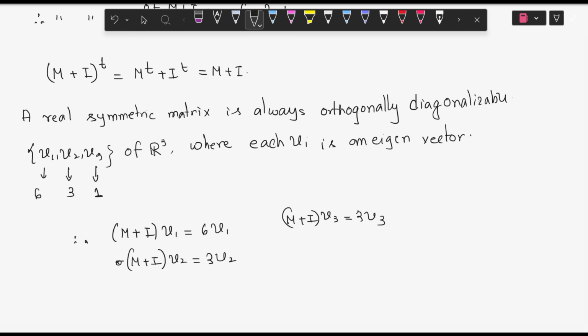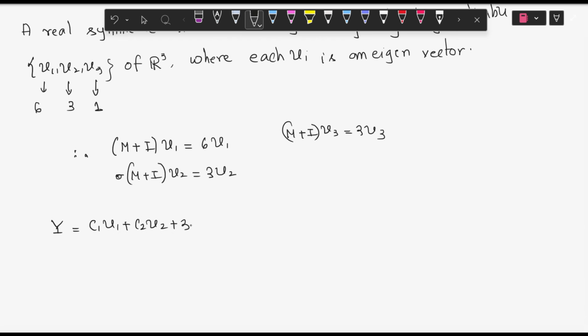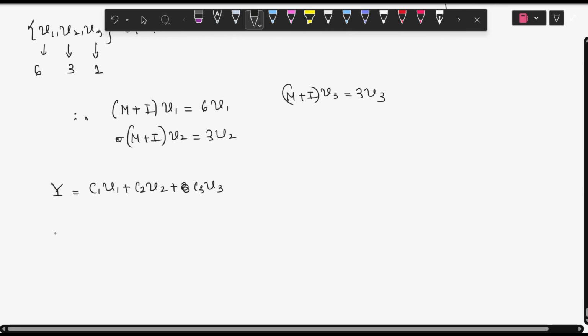सही है? अब they are saying y is any non-zero vector of R3. So any non-zero vector of R3 can be written as c1v1 plus c2v2 plus c3v3. ठीक है ना? अब let's calculate (M plus I) whole to the power n of y.